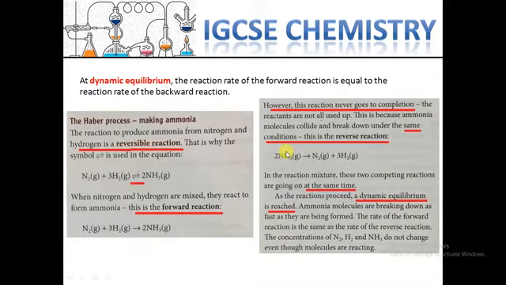All right, let's have a look at dynamic equilibrium. What is dynamic equilibrium? You can see one example in your book on that page, but here I put a simple definition. At dynamic equilibrium, the reaction rate of the forward reaction is equal to the reaction rate of the backward reaction.